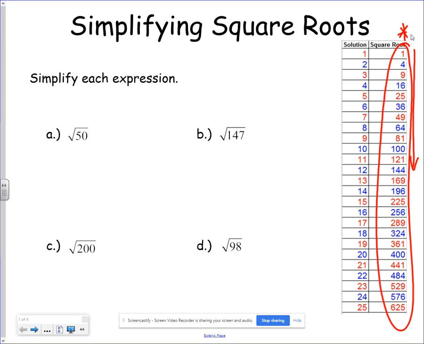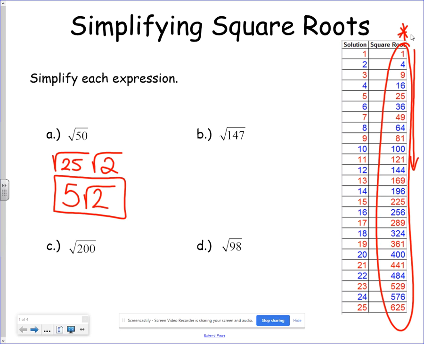So you can write this as the square root of 25 times the square root of 2, because 25 times 2 is 50. What is the square root of 25? 5. So the square root of 50 reduces down to 5 square root of 2, or 5 radical 2. That's your final answer. That's simplified.